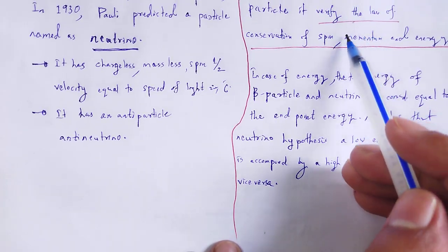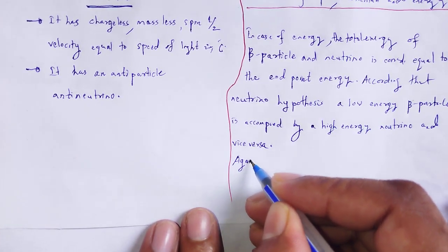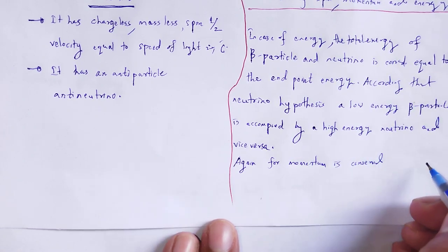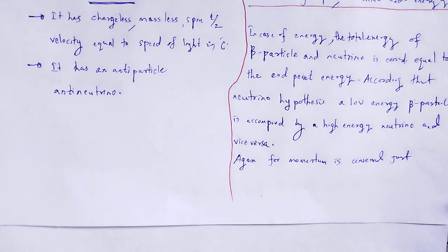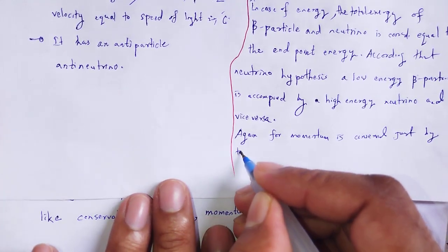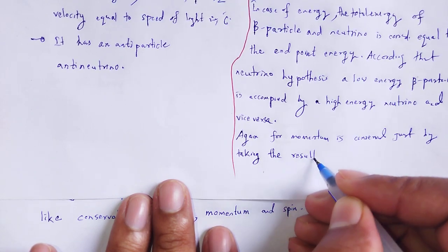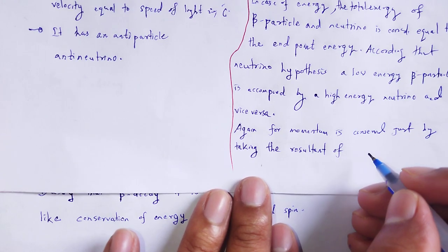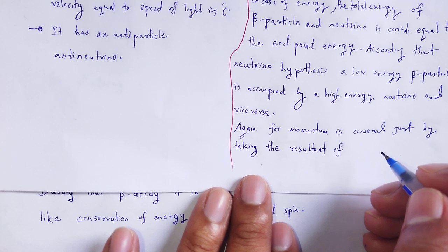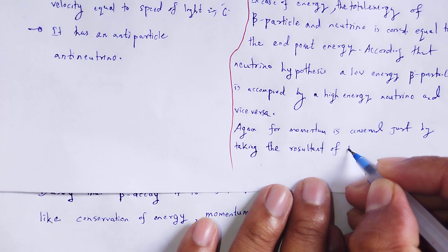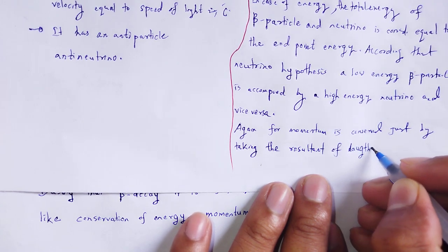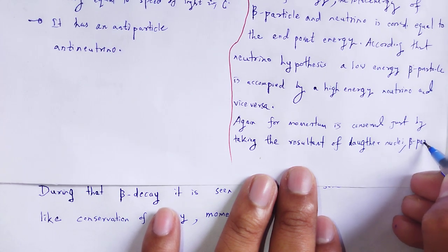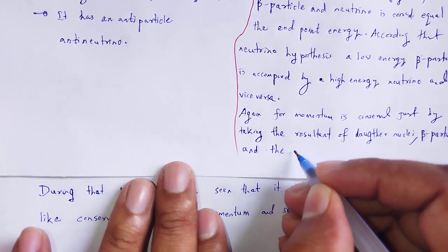Again, for momentum, it is conserved just by taking the resultant of the daughter nuclei, beta particle and the predicted particle.